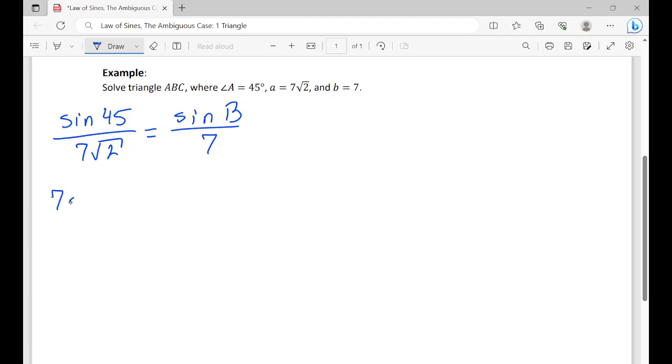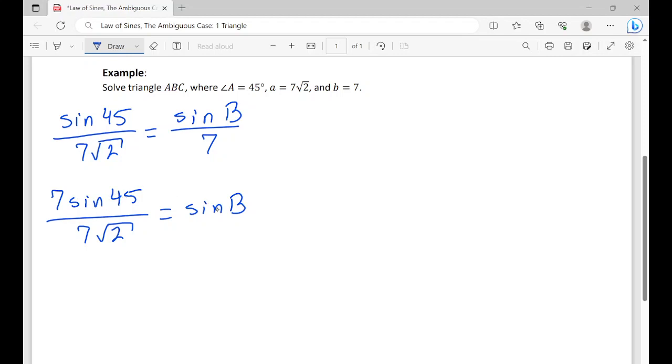So I'm going to get 7 sine of 45 over 7 root 2 equals sine B. And then I need to solve for B, so I'm going to take the arc sine of both sides, and you can actually cancel out the 7s if you want to, or leave them in if you feel like it. Not wrong either way.